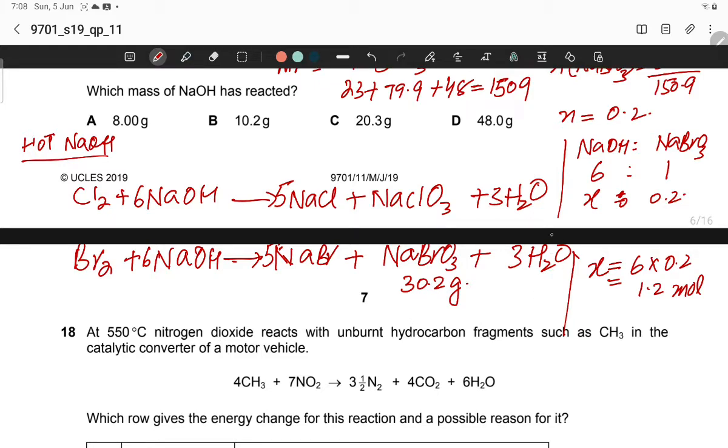So mass of sodium hydroxide is NaOH is equal to mole 1.2 into Mr of sodium hydroxide is 40, which is equal to 48 gram. So answer is D.